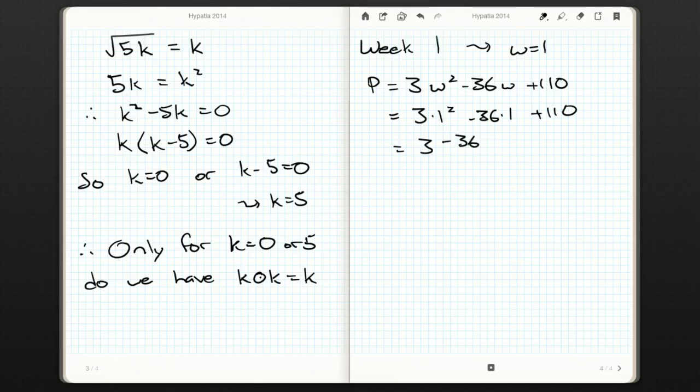That's 3 minus 36 plus 110, or that's 113 minus 36. So that's 77.